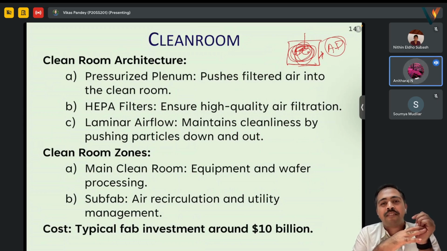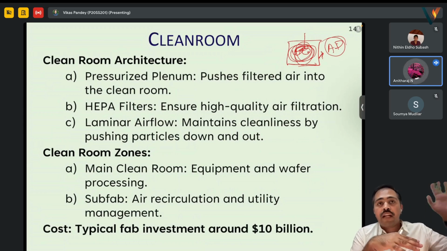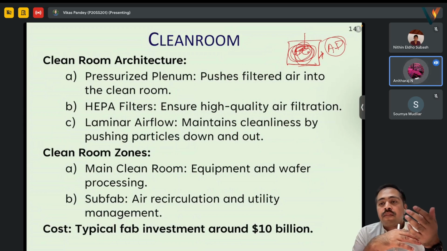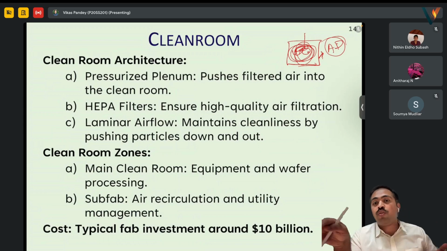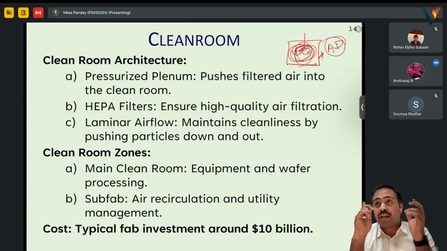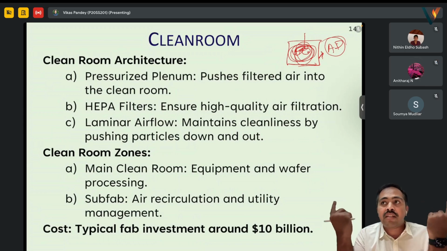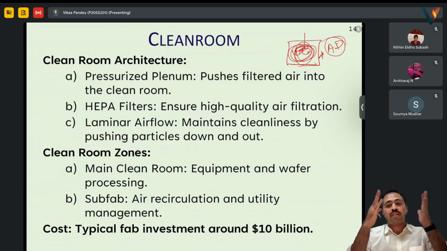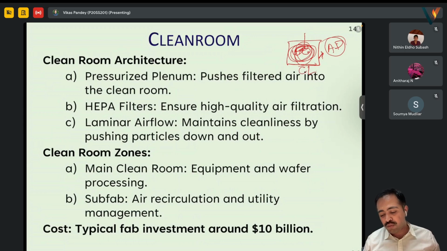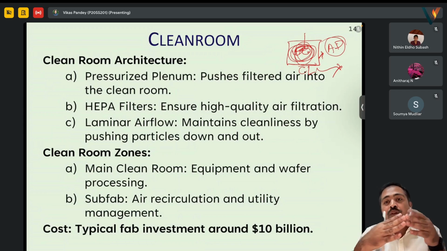Because we are maintaining a very high pressure and the outside environment is lower, when the window is open, the pressure gets reduced. The air from the room escapes through the window. So the air will get out from the window, and there is no chance that something will get inside. The airflow should always be from the clean room to outside, never from outside to the clean room if some opening is there.